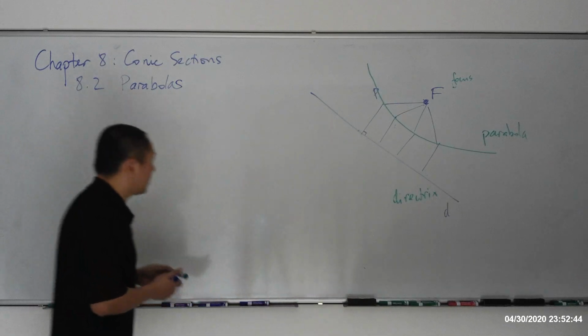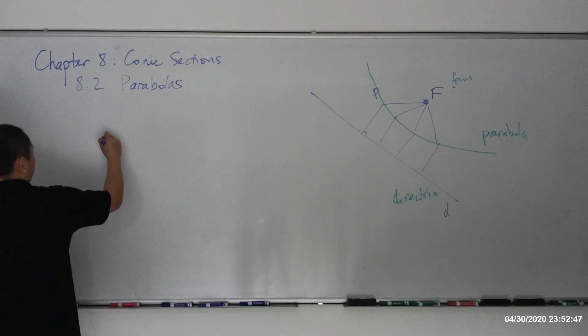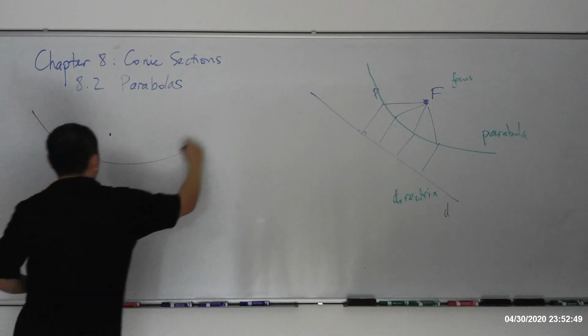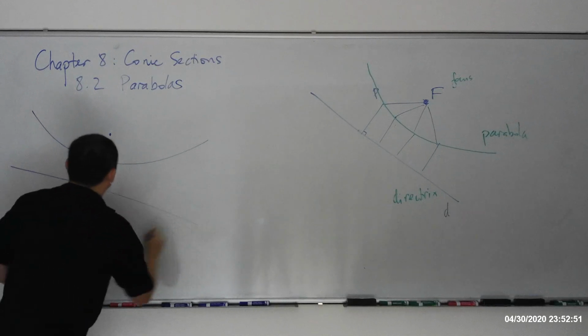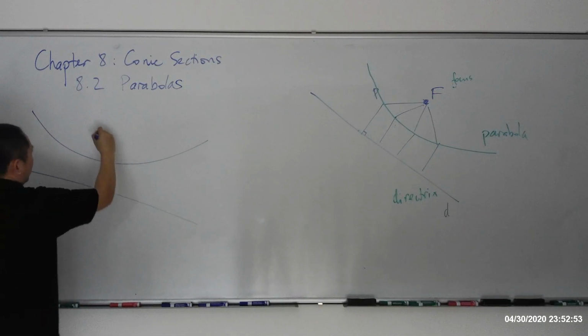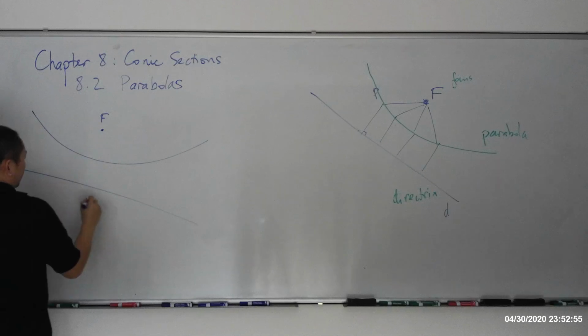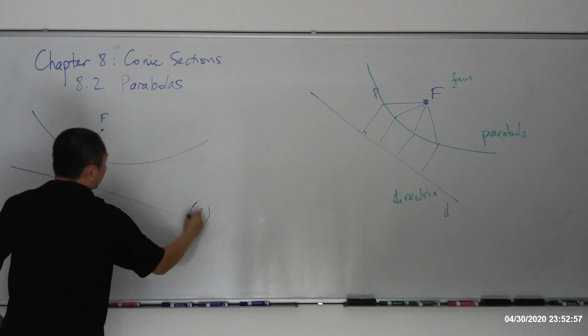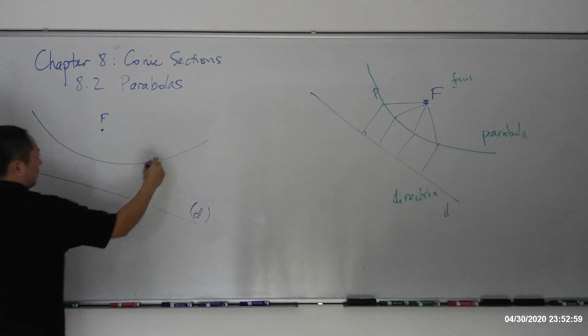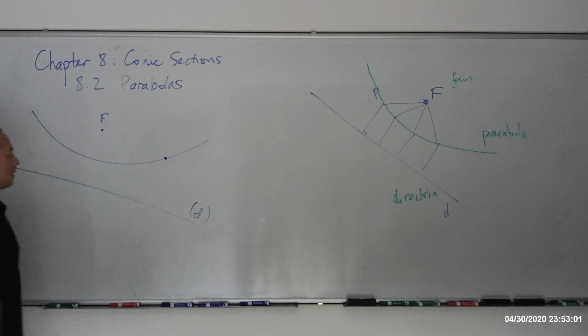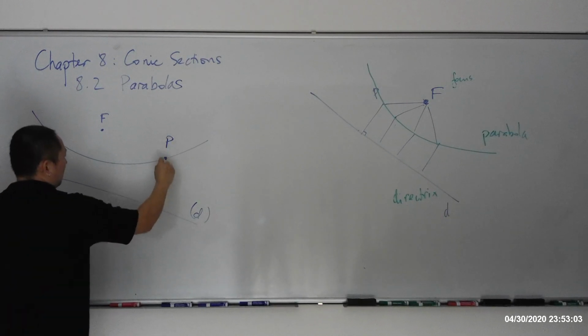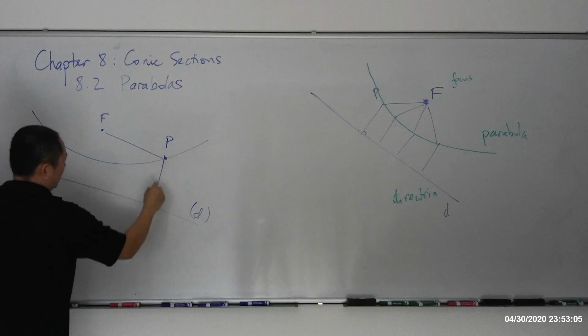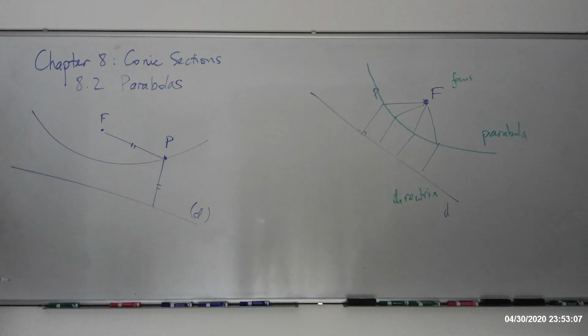Let me try to redraw the parabola right here, make it straight on the board. We have two things, right? This point right here is the focus F, the line right here is the directrix D. And a parabola has only one property: any point on the parabola will have the same distance. That line will be equal to this line.